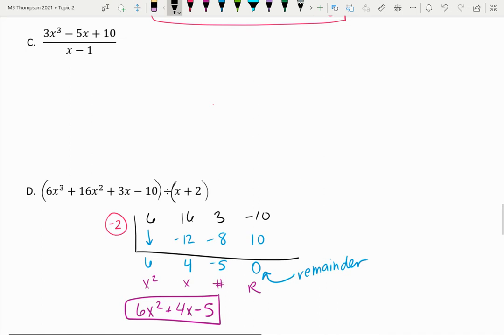If you did C correctly, you would have gotten a remainder of positive 8. So reminder about C is it is missing a term.